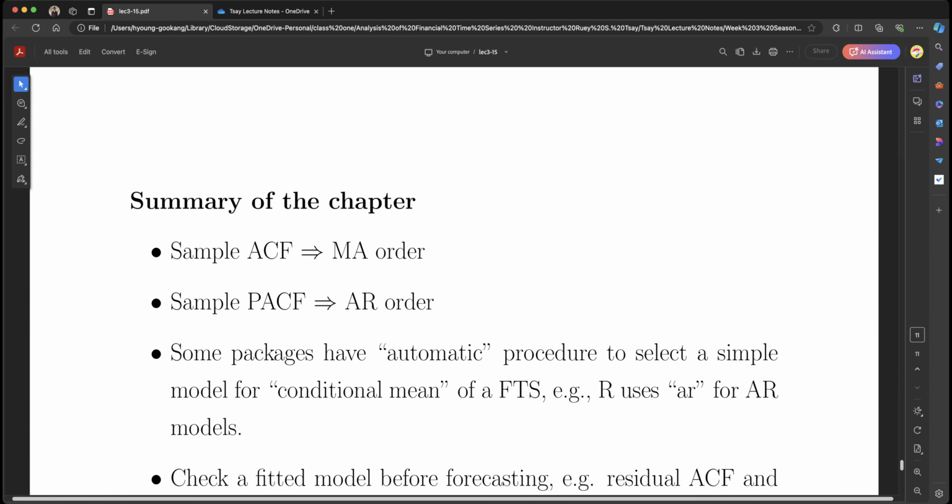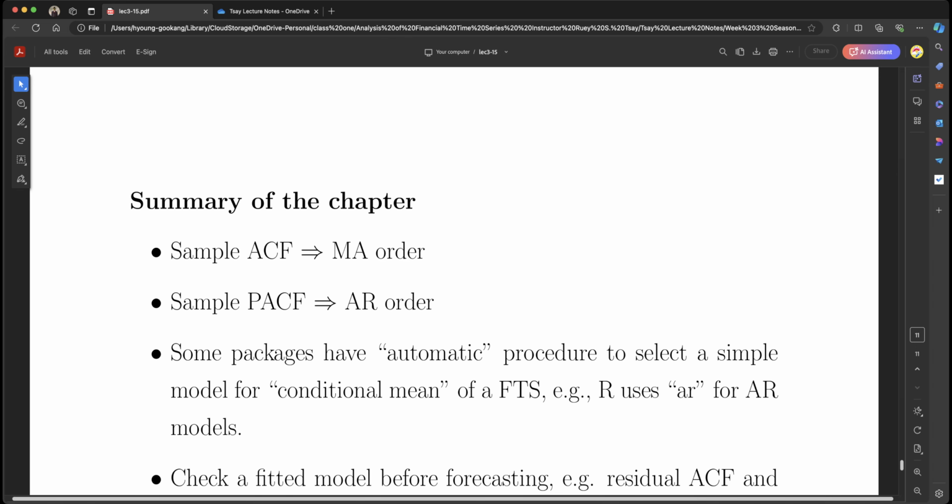Now, a summary of the chapter. By checking the sample autocorrelation function, we can find the moving average order. By checking the sample partial autocorrelation function, we can find the AR order. Some packages have an automatic procedure to select the order, a simple method for the conditional mean of financial time series.